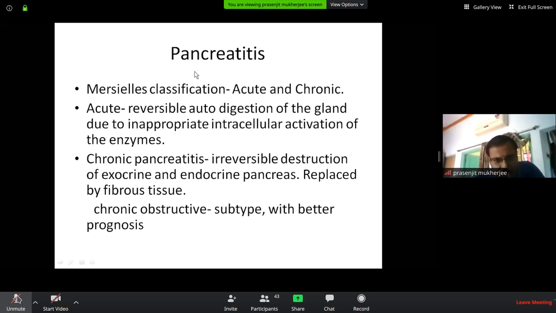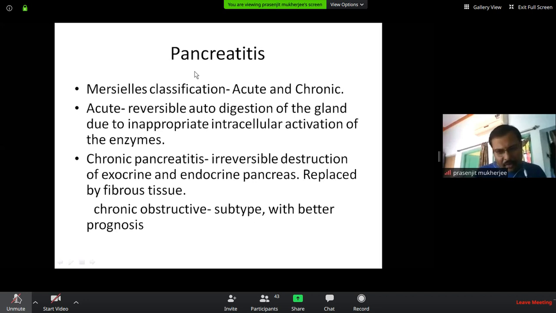But chronic pancreatitis is irreversible destruction of exocrine and endocrine function, and the pancreatic architecture is replaced by fibrous tissue. Okay, this is the basic difference. One subtype of chronic pancreatitis is the chronic obstructive variety, where there is obstruction of the ductal system by maybe a worm, maybe a stone, maybe any neoplasia or stricture.